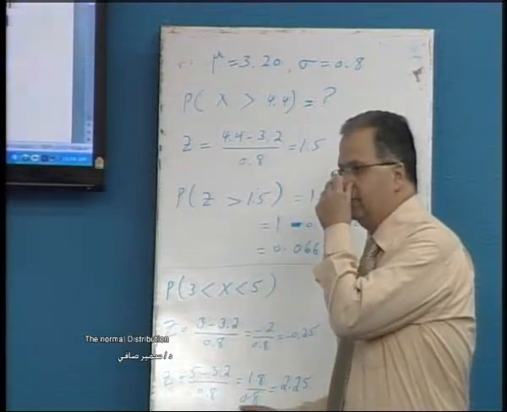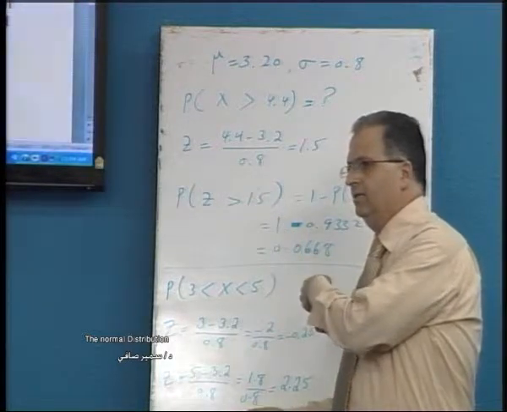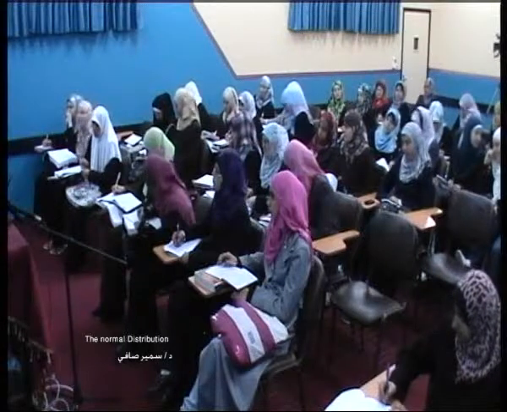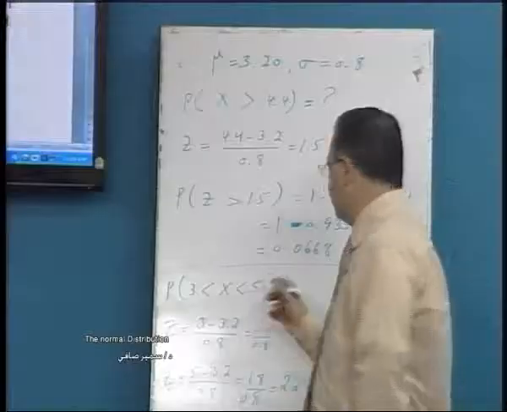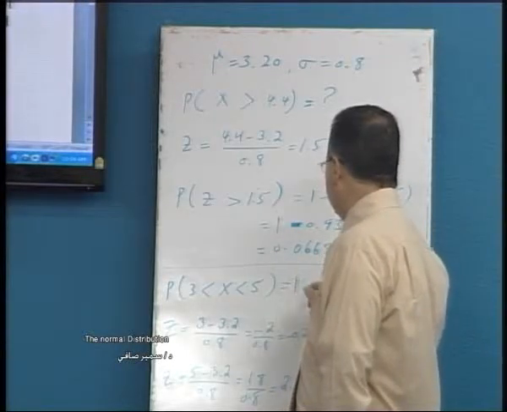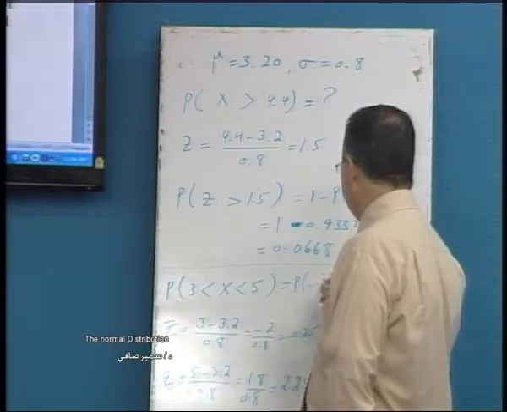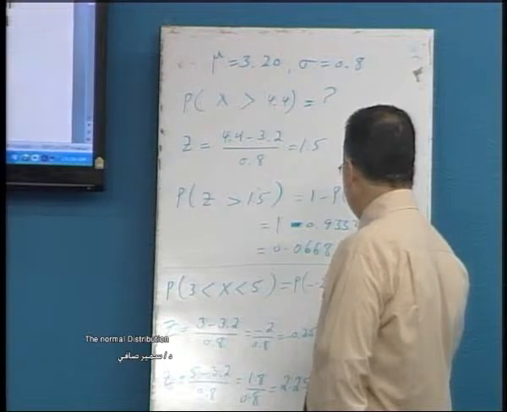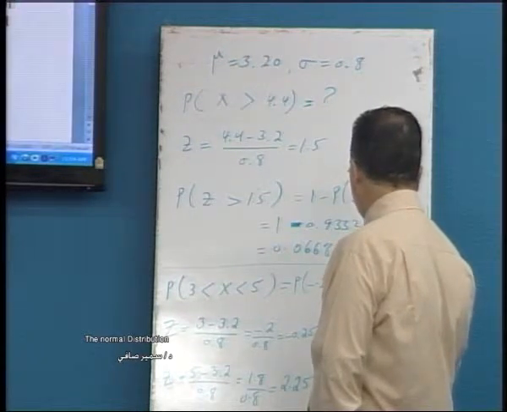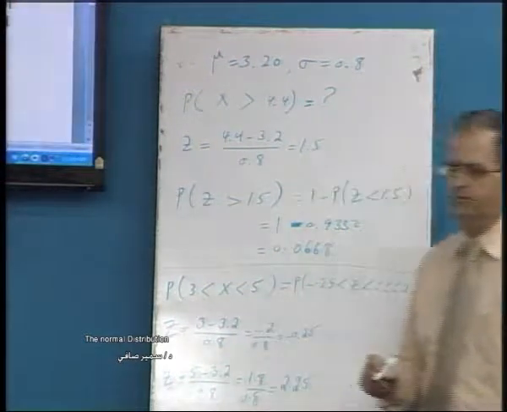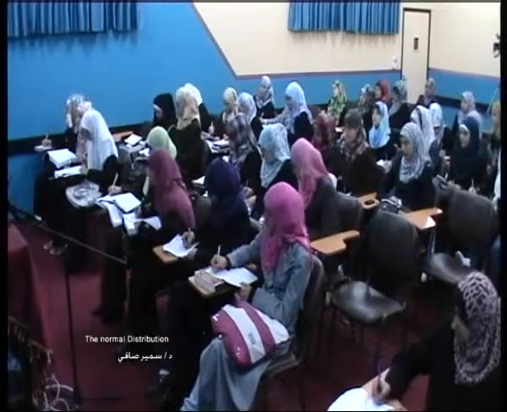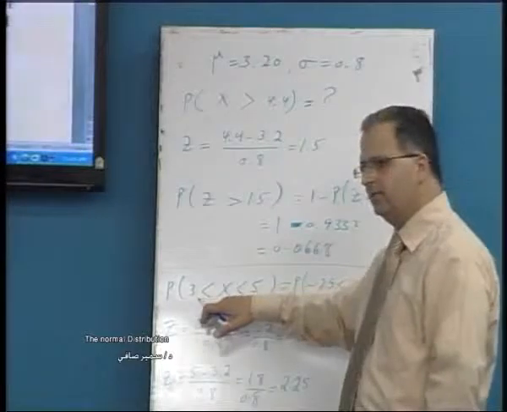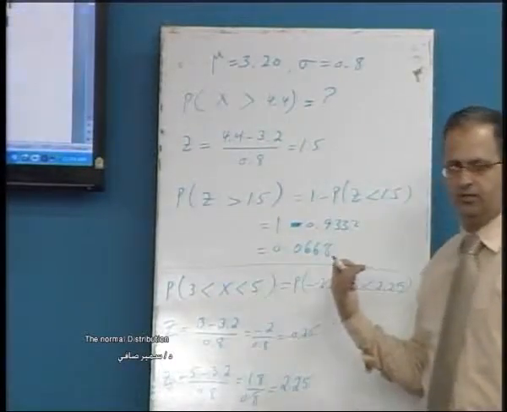Just double check this result. So here the probability of x between 3 and 5 equals the probability of minus 0.25 smaller than z, smaller than 2.25. So it's transformed from normal distribution to standardized normal distribution.